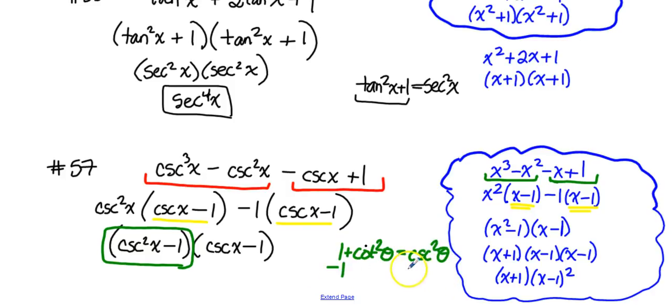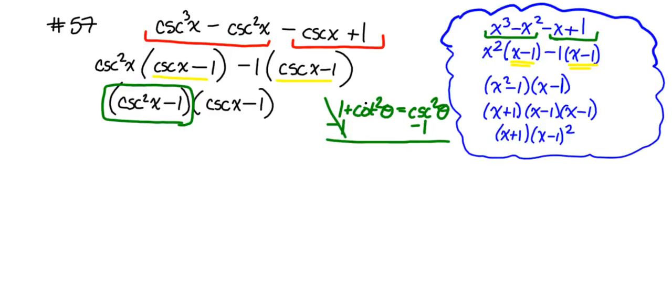If I subtract 1 from both sides, notice this becomes cotangent squared equals cosecant squared minus 1. Check it out. Cosecant squared minus 1, cosecant squared minus 1 matches.